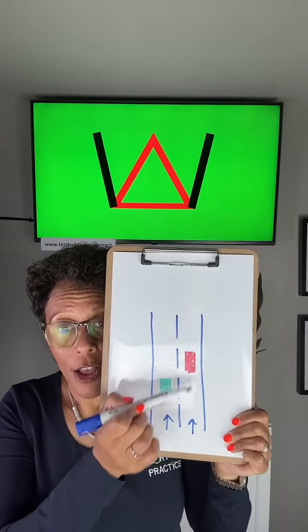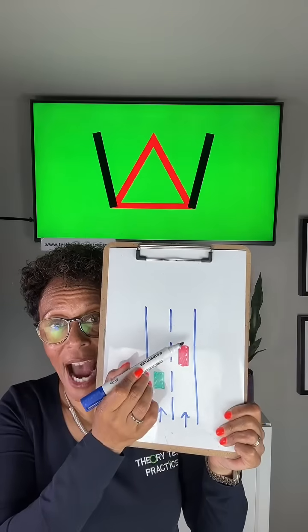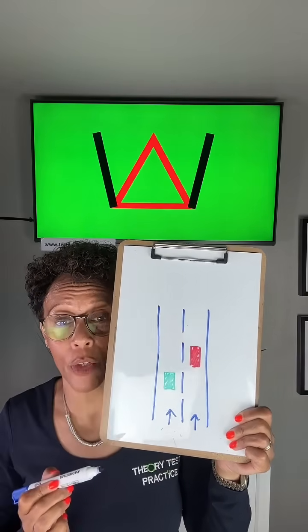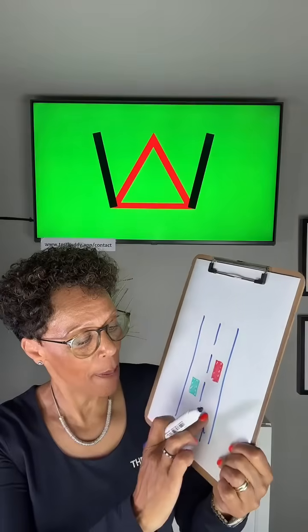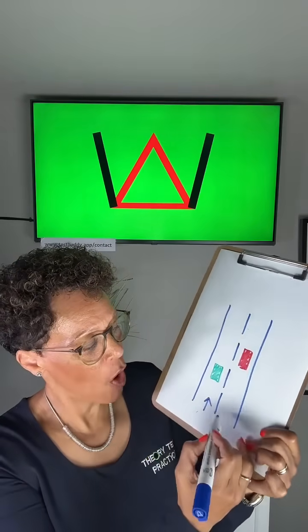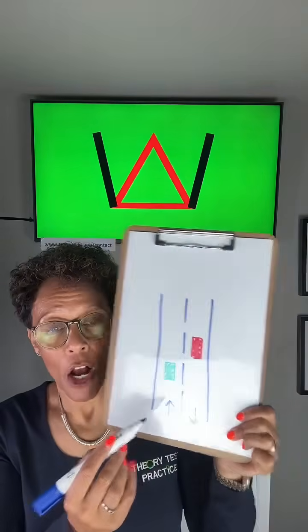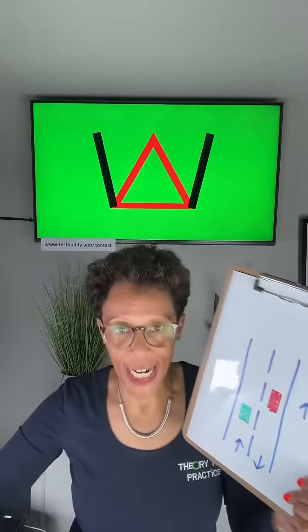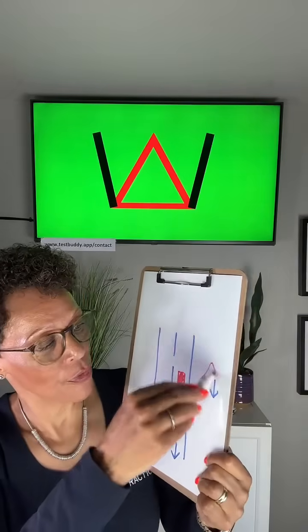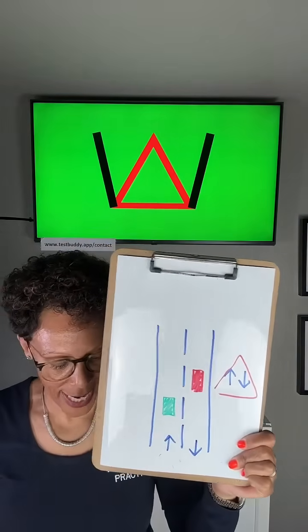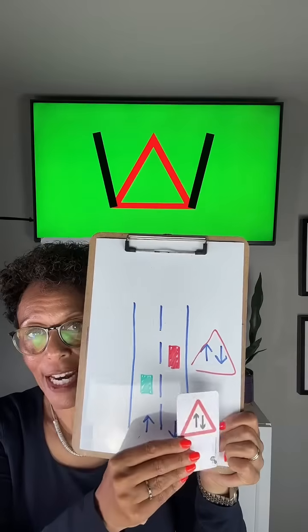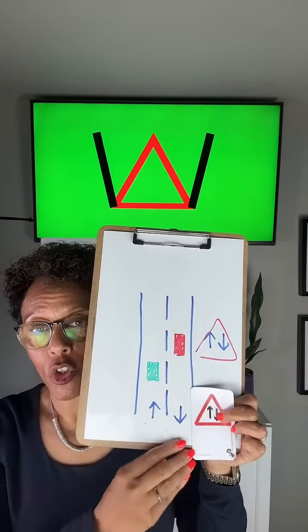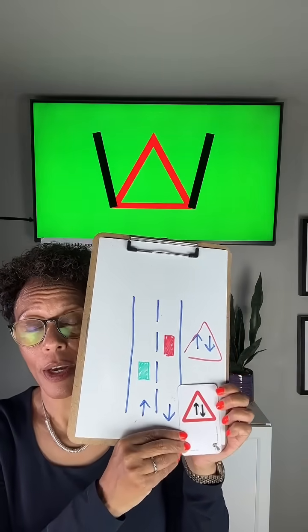And this car going up the road is going to have to go over onto the left side of the road. When traffic is going to go up and down the road again, there'll be a warning sign. The sign will look like this. Two-way traffic up and down the road. Two-way traffic straight ahead of you.